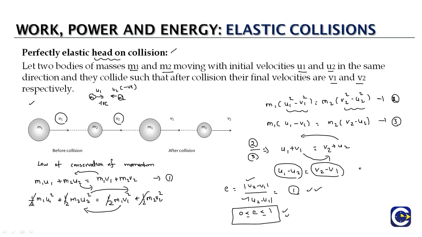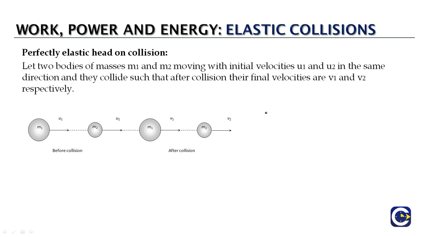Now we'll try to use this relation, which is u1 minus u2 is equal to v2 minus v1. Let's call it equation 4, and try and derive the values of v1 and v2, which are final velocities of the particles after the collision. So what we can do is, we have u1 minus u2, which is equal to v2 minus v1.